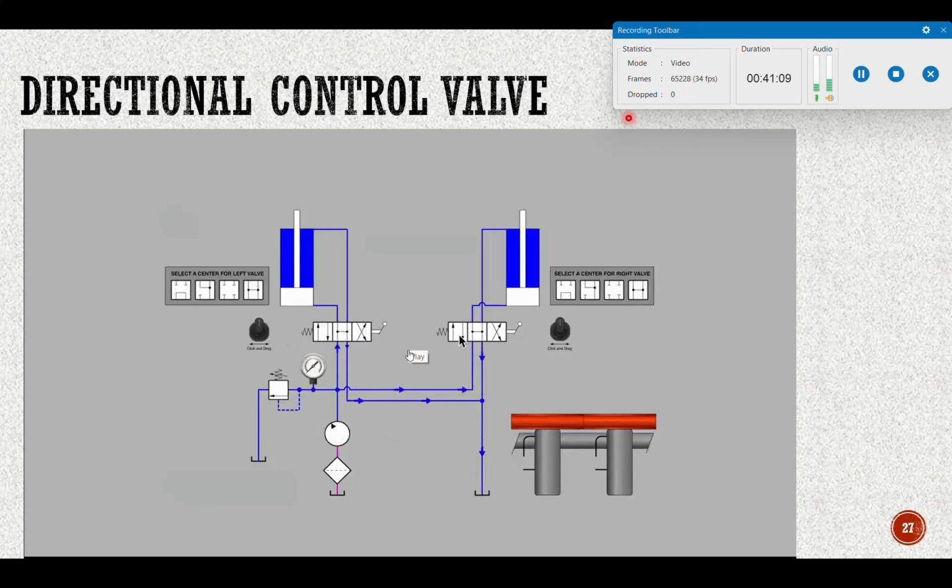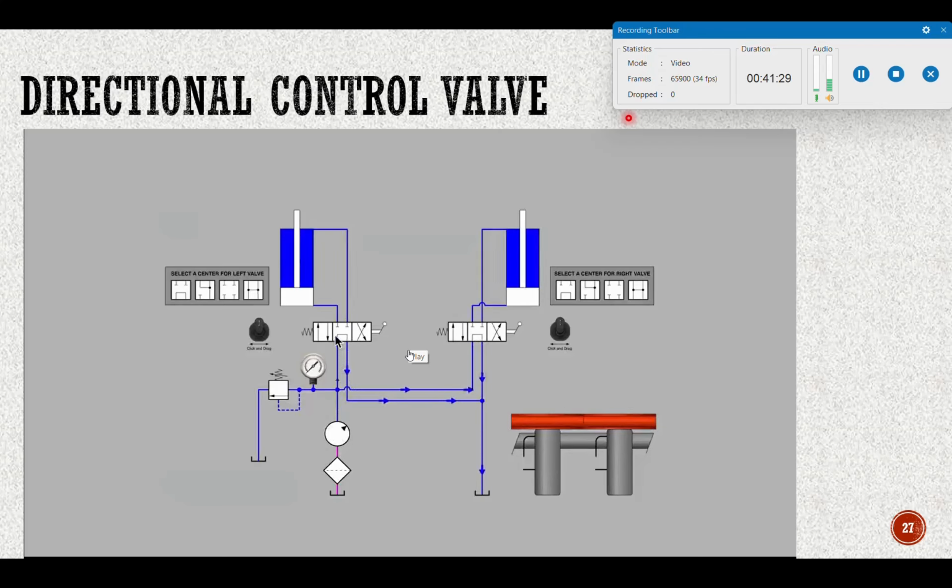So a pair of open center valves do not work. We've already established that. Let's try something else. Perhaps we're thinking that the tandem center valves would be a good choice. Now our valve centers have connected our P to T port, and we're still nicely unloaded.